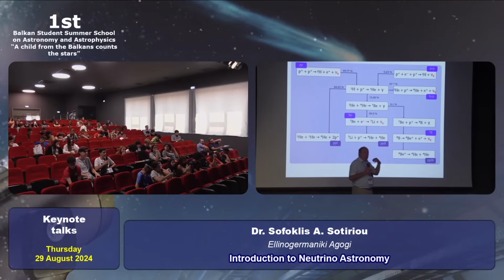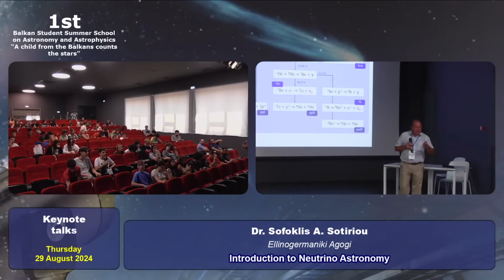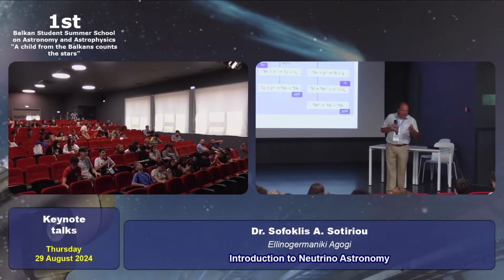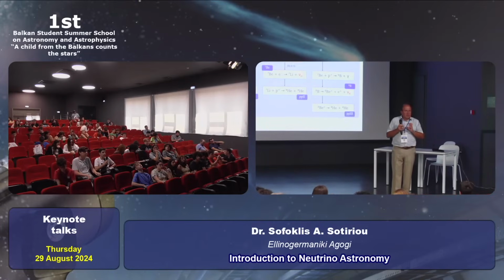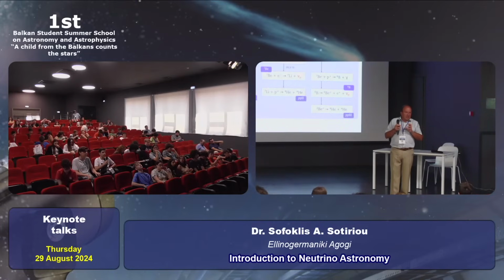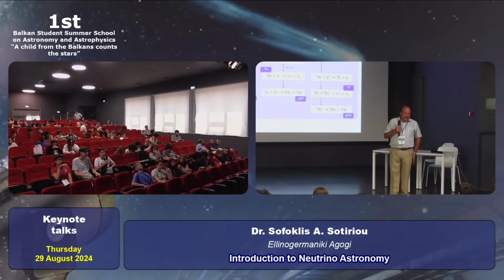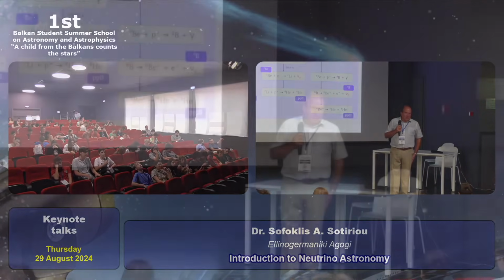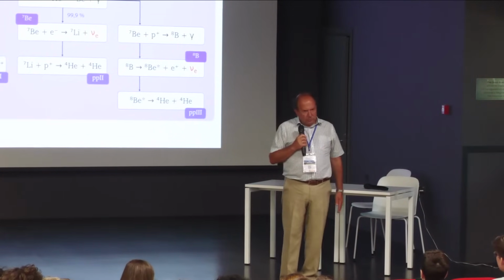How were they discovered? They were discovered back in 1930 as a product of beta decay, in order to make sure that the energy conservation principle is still valid, as we have seen from the letter of Pauli. In principle, they are produced in nuclear reactions.